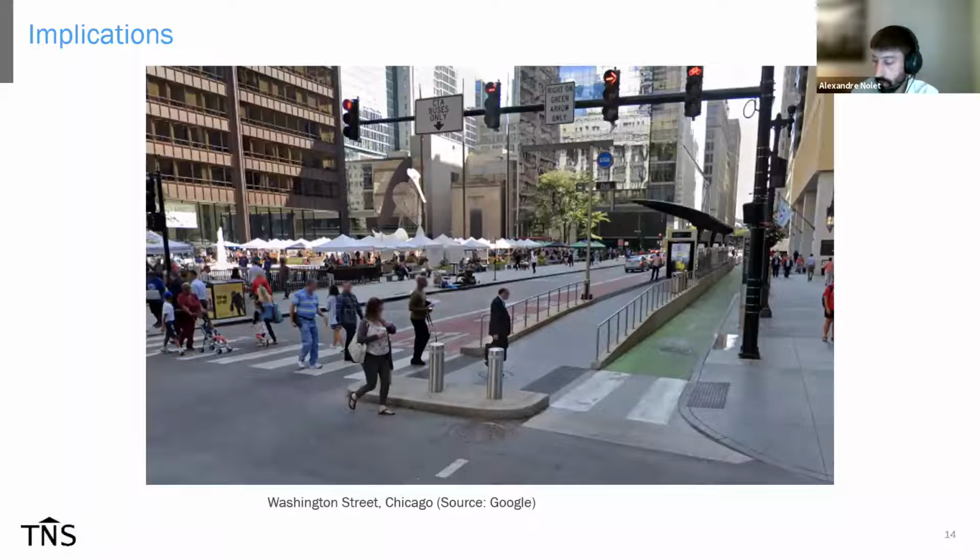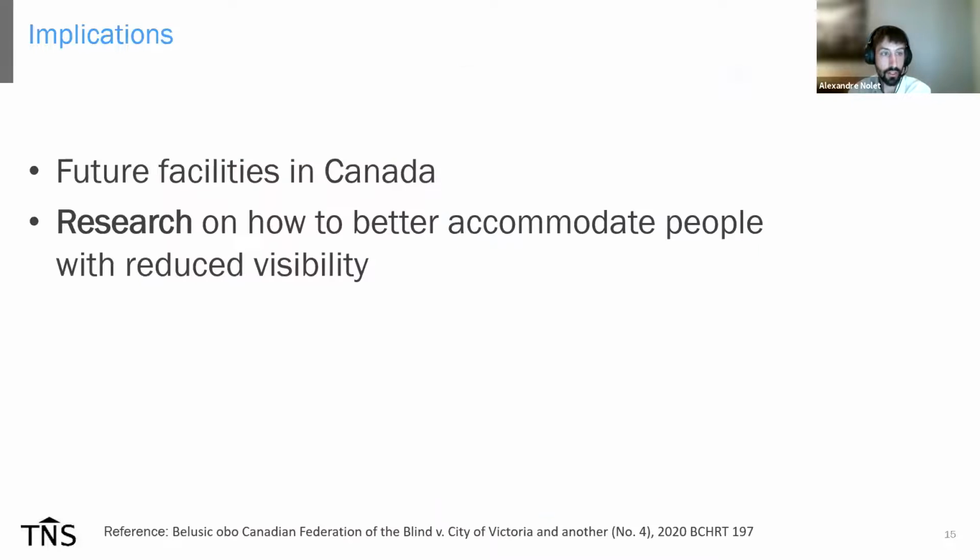There may be some new ways of designing such facilities. This is one approach where you board the transit stop from the crosswalk at a controlled intersection. This could potentially address some of the issues.